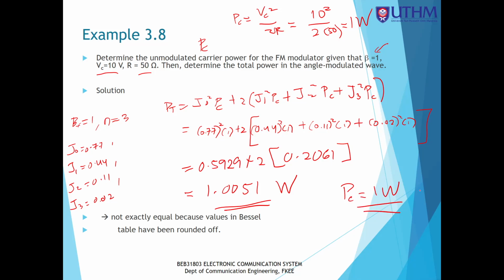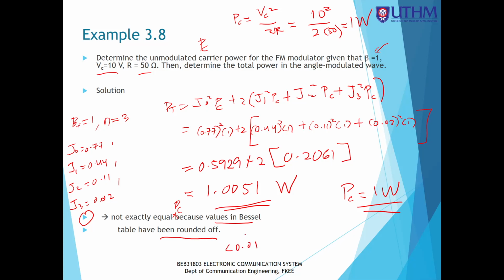So that's why the statement below here, it is not exactly equal to PC, because the values in the Bessel table have been rounded off for values less than 0.01.